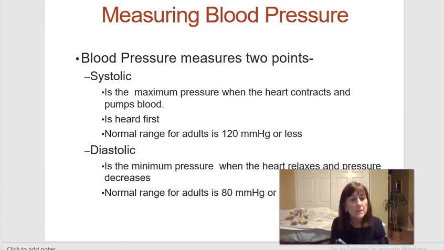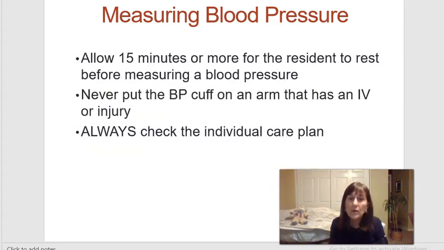So the automatic ones are looking for the same thing. Okay, so one thing with measuring blood pressures, let the person rest a little before you measure their blood pressure, right? If they just took a shower and were running around, because you may be using the automatic ones.